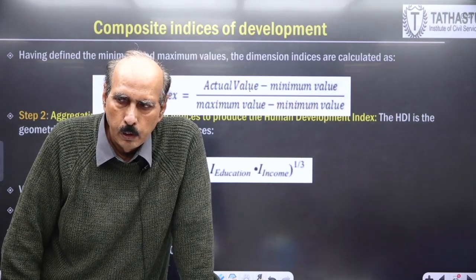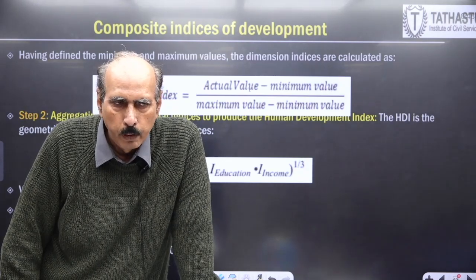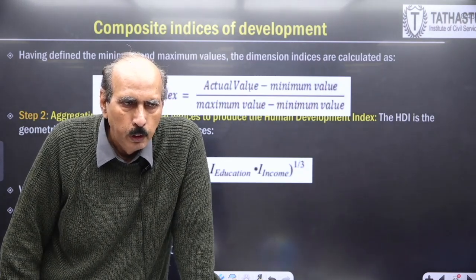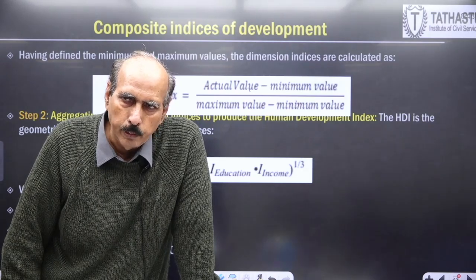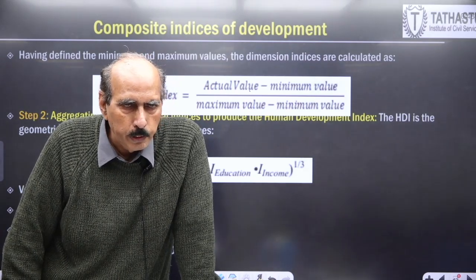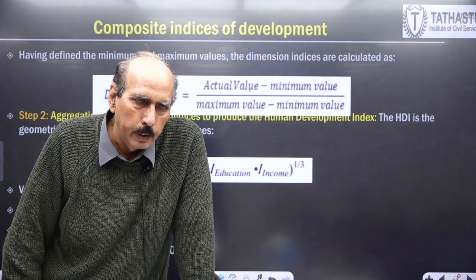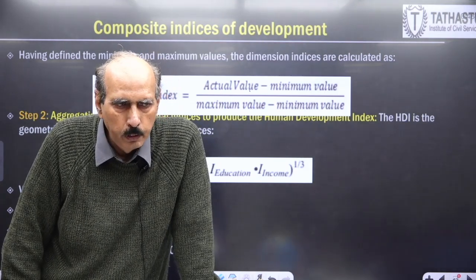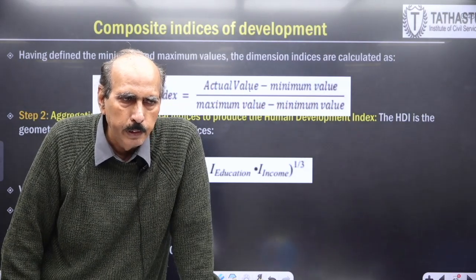Planetary pressure adjusted. मैं जो कराऊंगा तीनों को. 3 adjustments are made in the HDI: inequality adjusted, gender discrimination adjusted, and planetary pressure adjusted. 3 indices are computed again by making the adjustment.